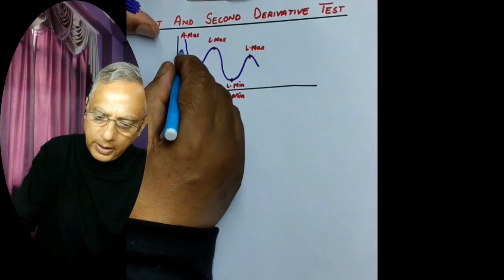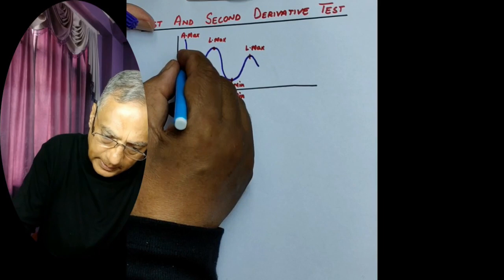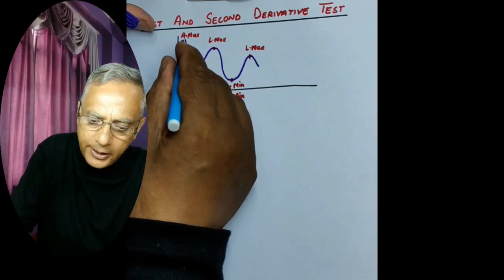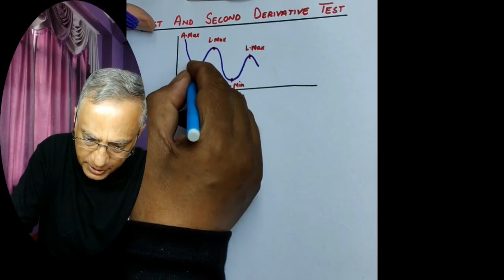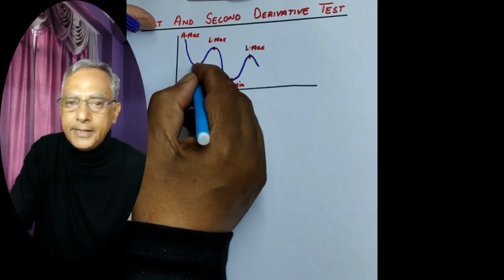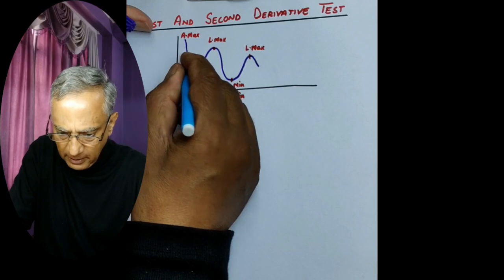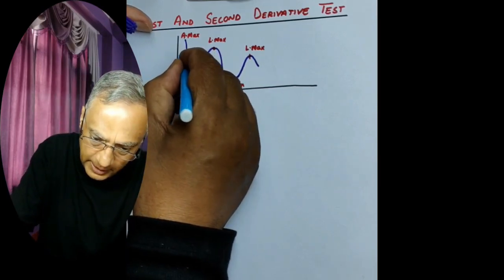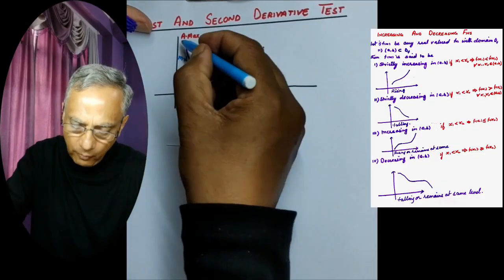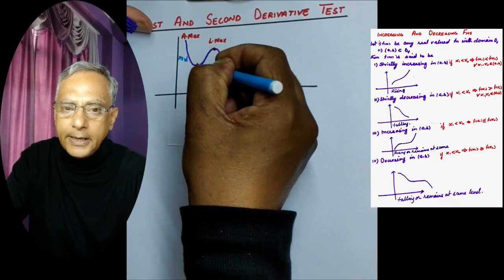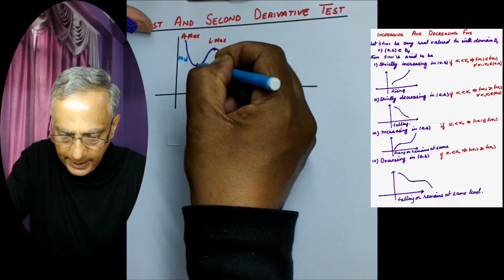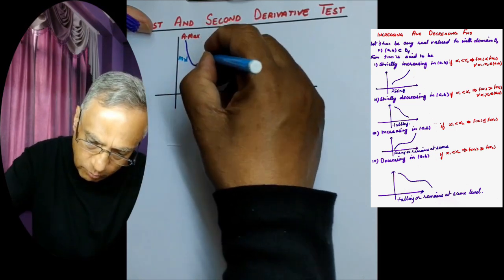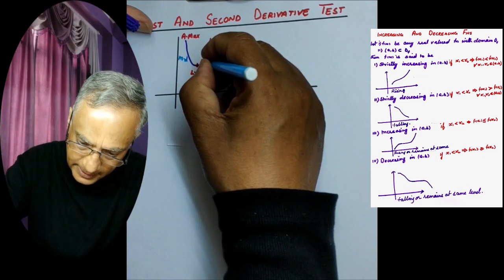And what we further notice is that here the graph of the function is a falling graph. That is, here the function is monotonically decreasing. As we move ahead, the values are decreasing. Therefore, this is monotonically decreasing. From here to here, it is monotonically decreasing. The graph is falling. And here it is again rising. From this point to this point, it is monotonically increasing.